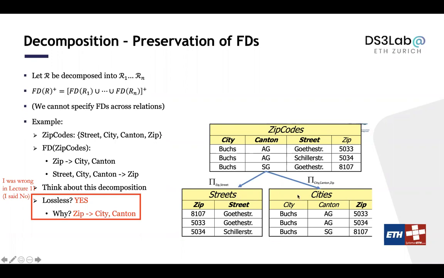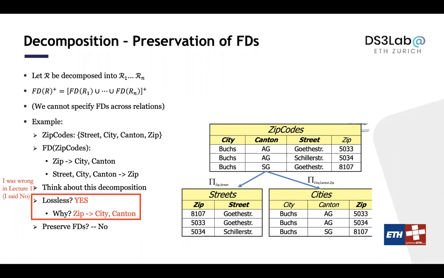Because you take the intersection of those attributes, here it is zip code, and you try to see whether there is a functional dependency from zip code to city and canton. In this case, that functional dependency exists. That satisfies the condition we set previously when we talked about lossless decomposition. So I updated this lesson in lecture 11.